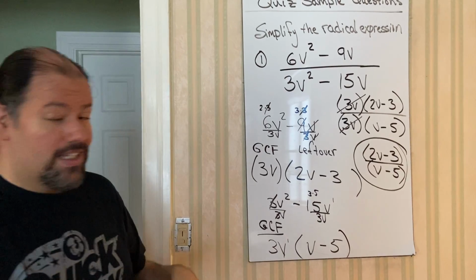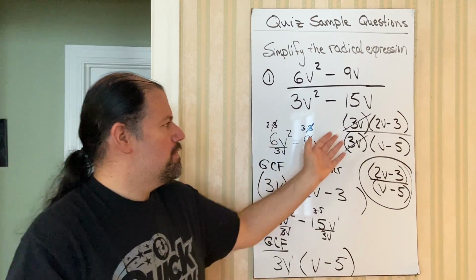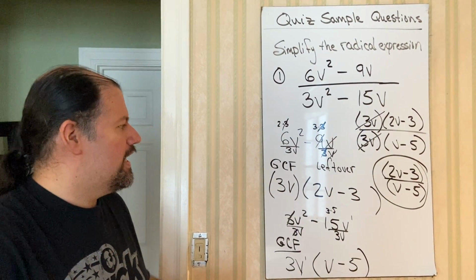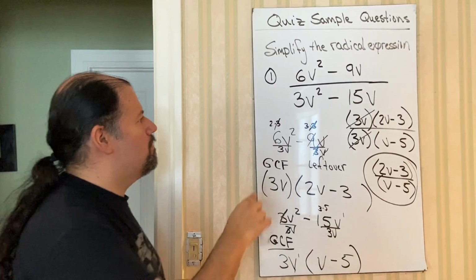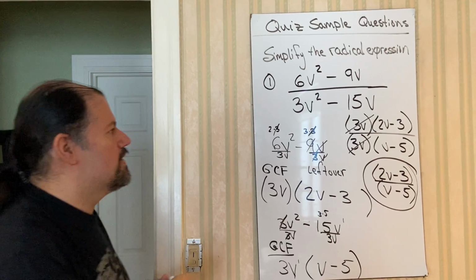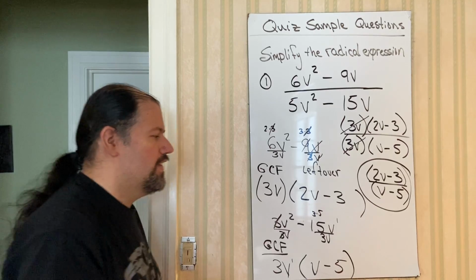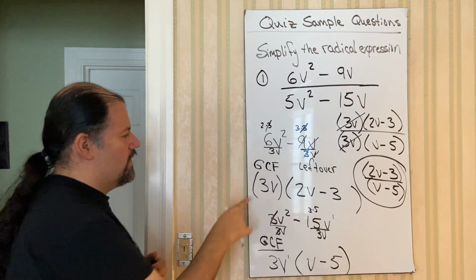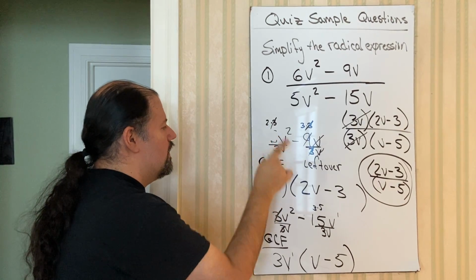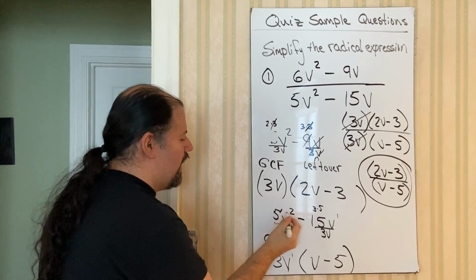Okay. The only other thing that I want to point out is some people might not have these match exactly. So let's say that instead of this being 3v minus 15, let's say this was a 5. If that was a 5, you would have taken out a GCF of 5.